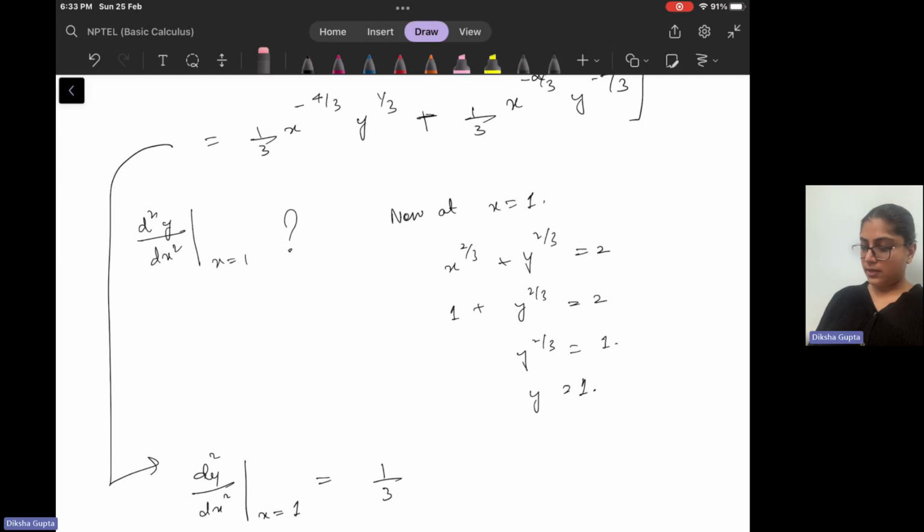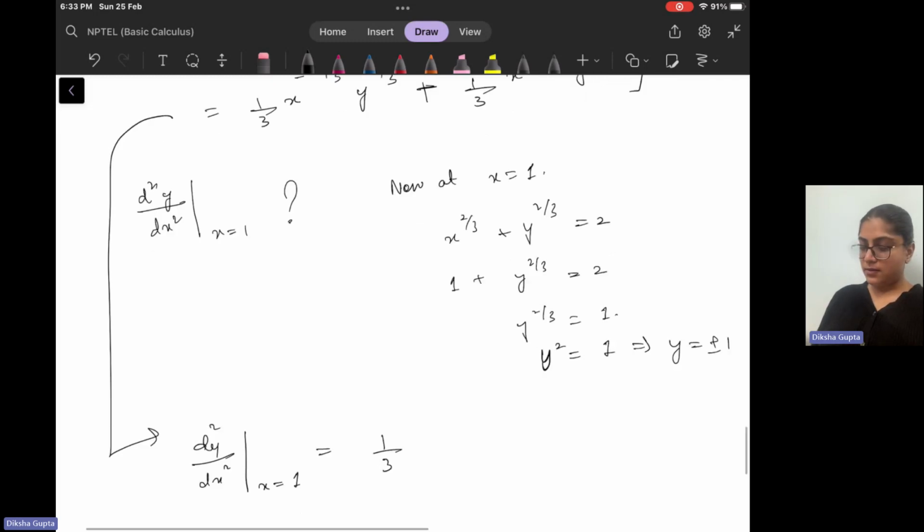You'll just have to put the power, or you should say here, if you do the power 3, y square equals 1 implies y equals plus minus 1. Right? So when x is 1, y is plus minus 1.